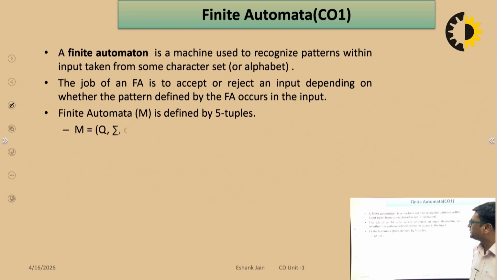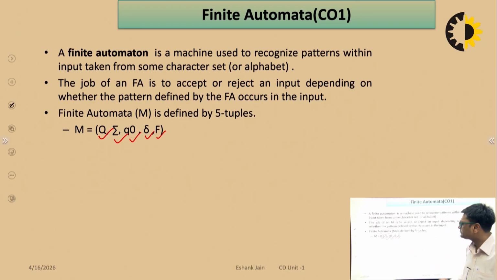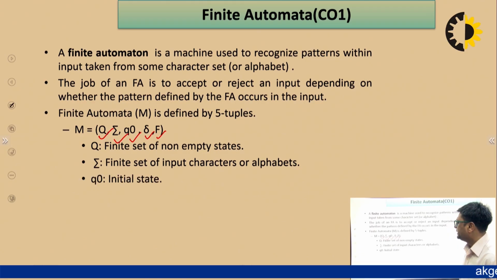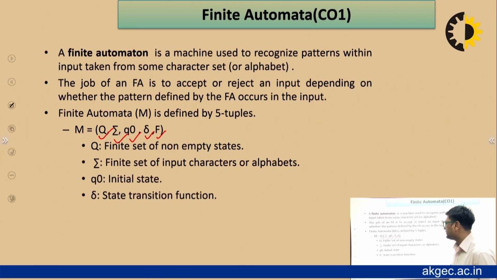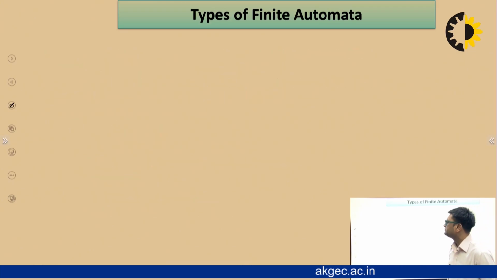These are the 5 tuples: Q, sigma, Q naught, delta, and F. Where Q is a set of non-empty states, sigma is a finite set of input alphabets, Q naught is the initial state, delta is the transition function, and F is a set of final states. These are the 5 tuples.